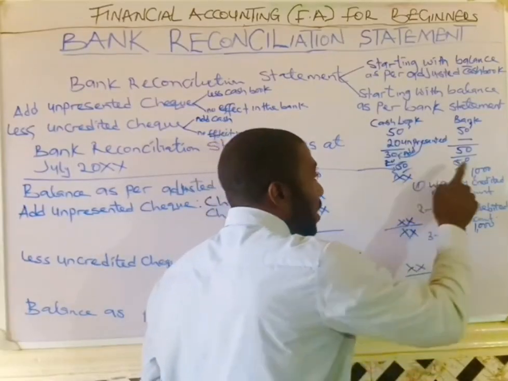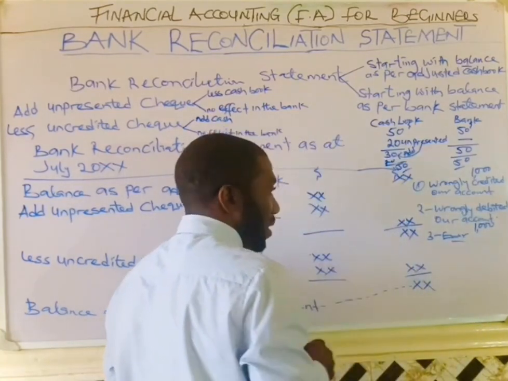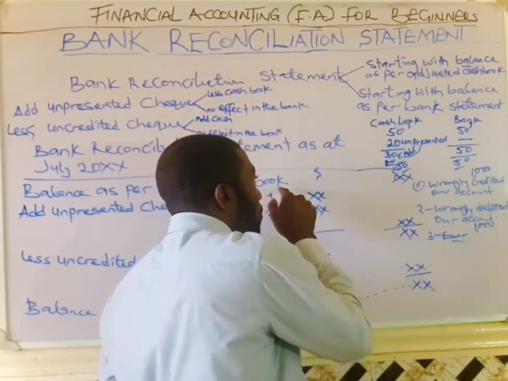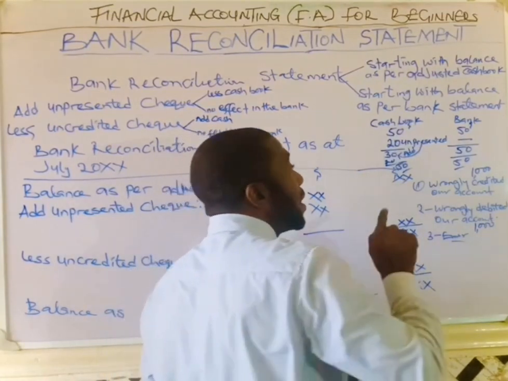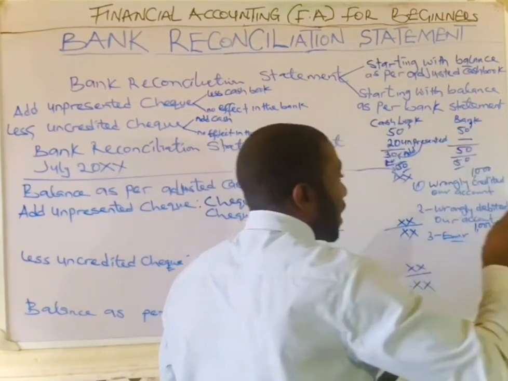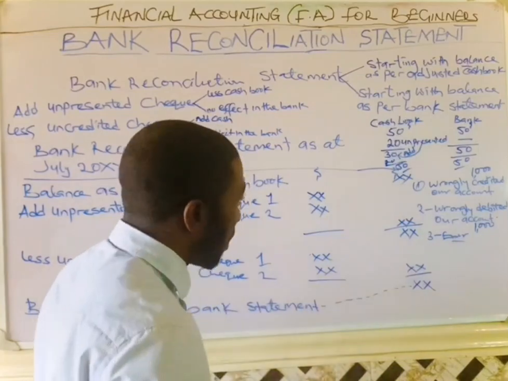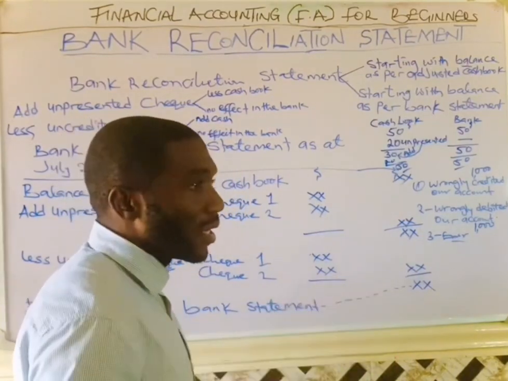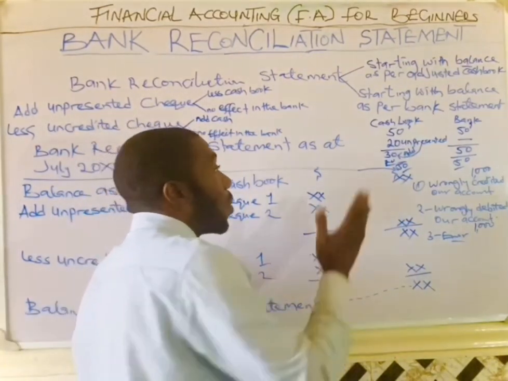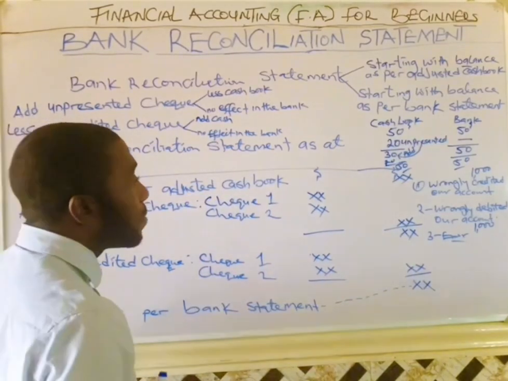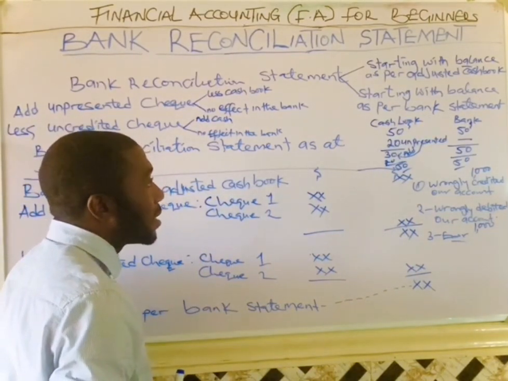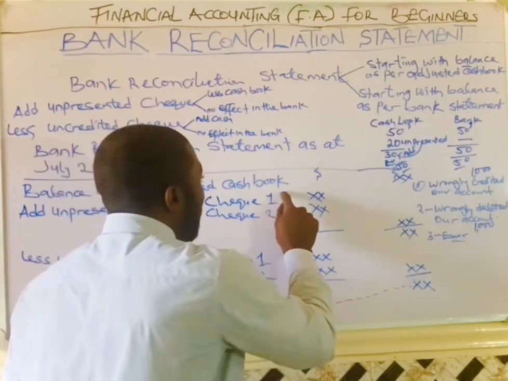And this wrong credit will be added to our bank column of the cash book in order to agree with that credit that the bank has already credited our account, despite knowing that it was a wrong credit. Because we don't have the power or the right to touch the bank statement.